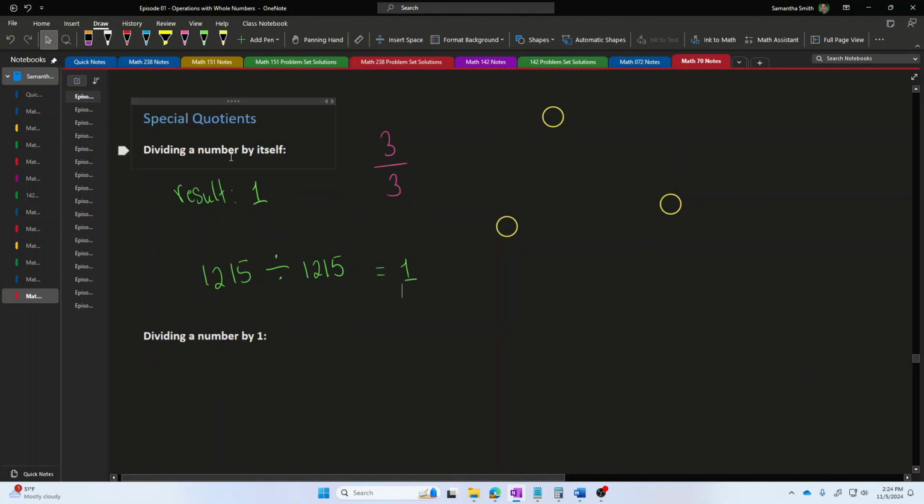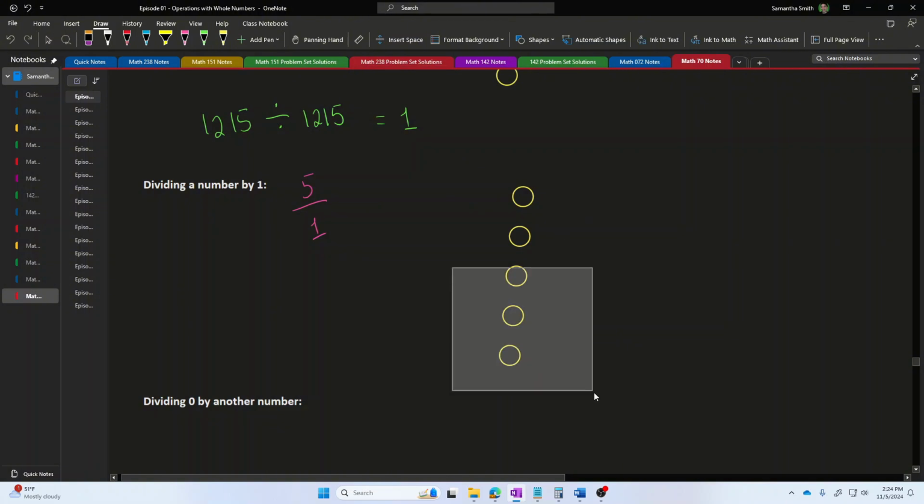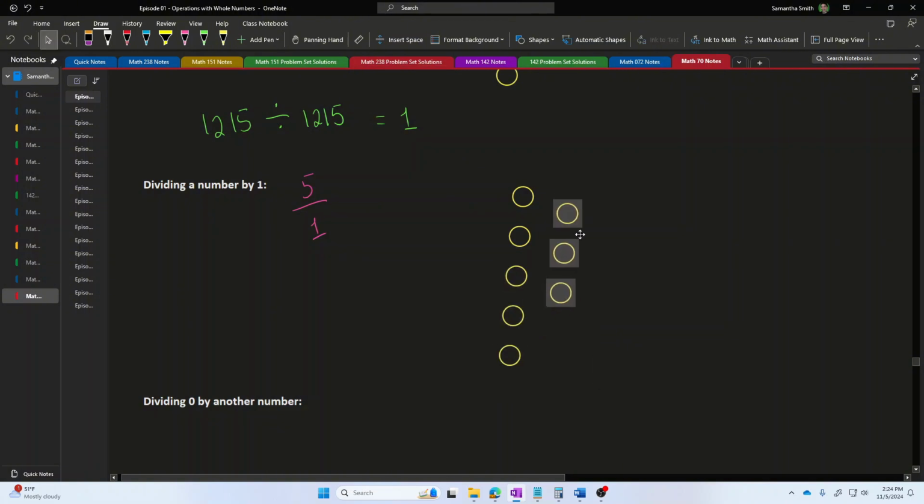Okay, so we've seen that dividing a number by itself results in 1. But what if you divide a number by 1? For example, what if I had something like 5 divided by 1? Well, if I have 5 objects in a pile, and I just want to keep it in a single pile, then I have not changed anything.